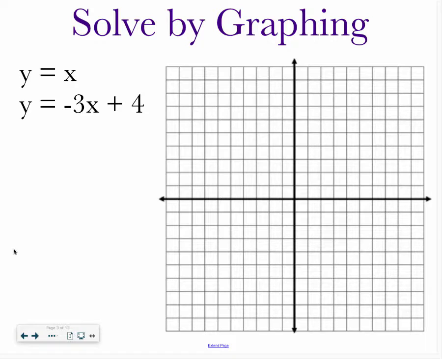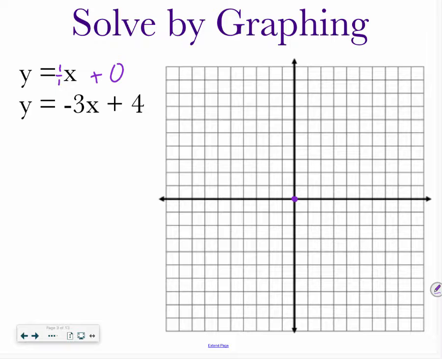Okay, so if I look at the very first equation, I have y equals x. How do I graph y equals x? This is like having a plus 0 there, so I know my y-intercept is 0. And if I look at my x, this is like 1 over 1, or 1x.